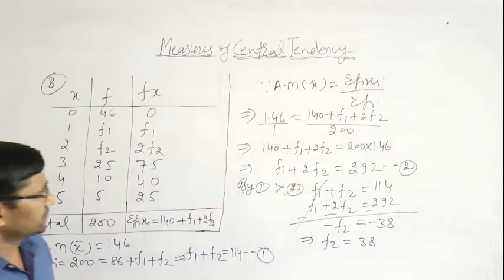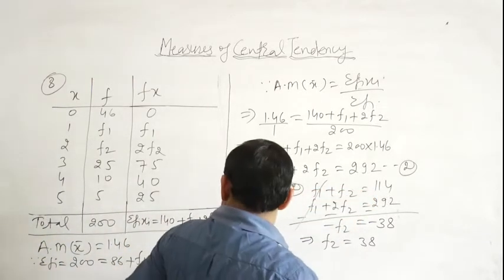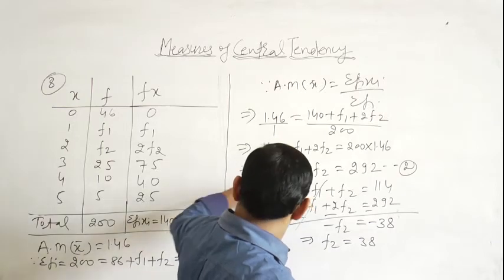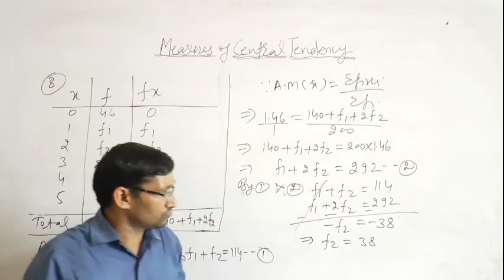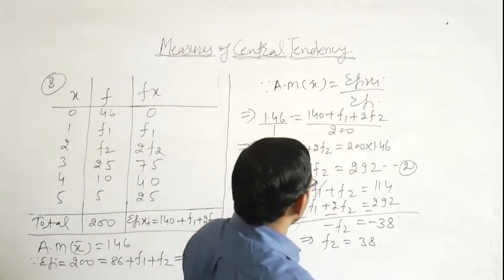By equations first and second, f1 plus f2 is 114 and f1 plus 2f2 is equal to 292. F1 is cancelled by f1, so f2 is 38.